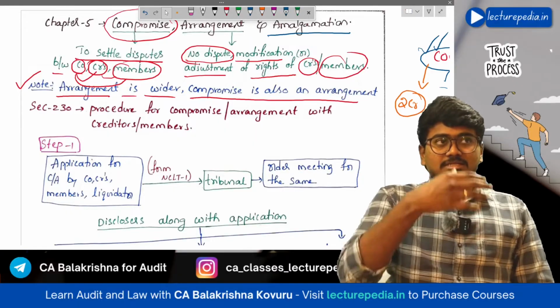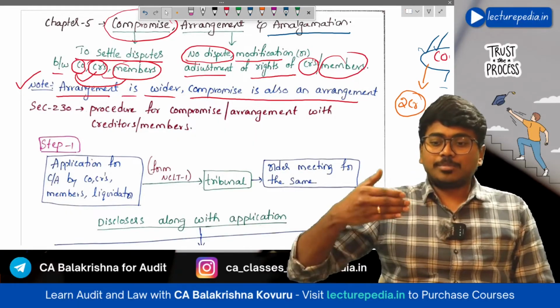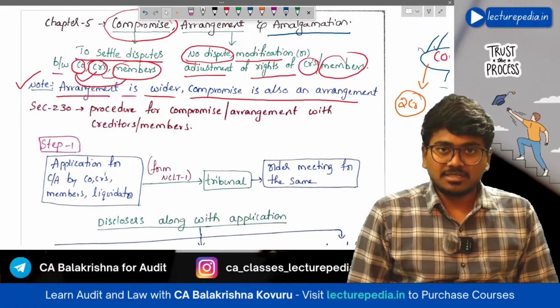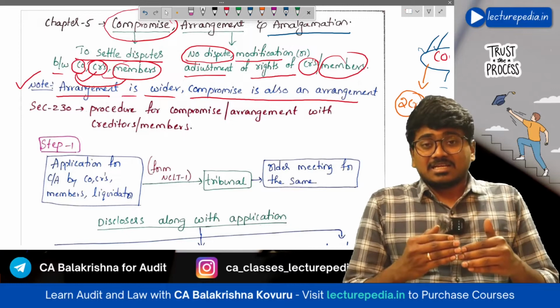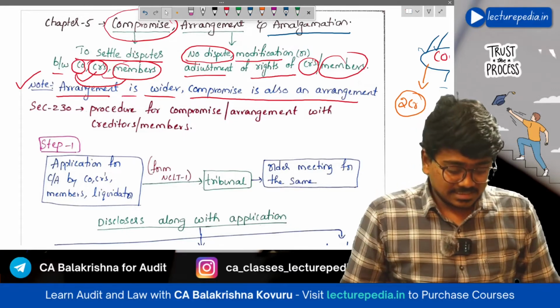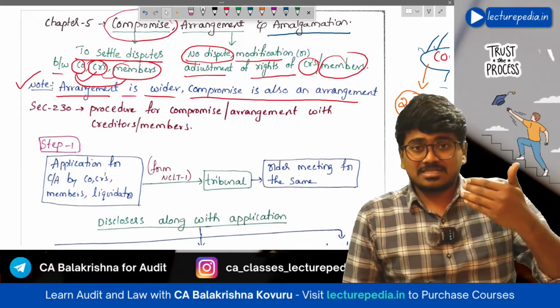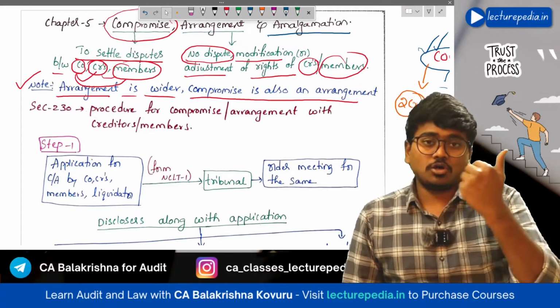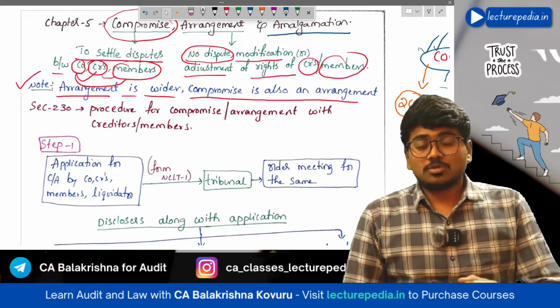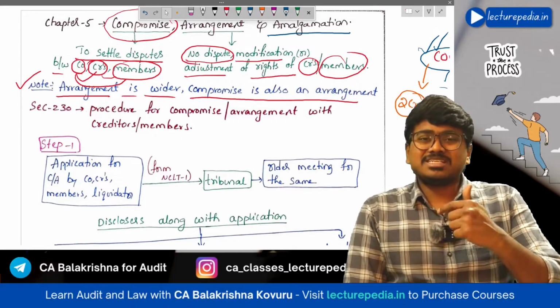Basically, if you see, this entire chapter is there, compromise, arrangement and amalgamation. It is a procedural chapter. That means this chapter mainly discusses the procedure that has to be followed for entering into compromise or arrangement or an amalgamation. So these sections are procedural sections.